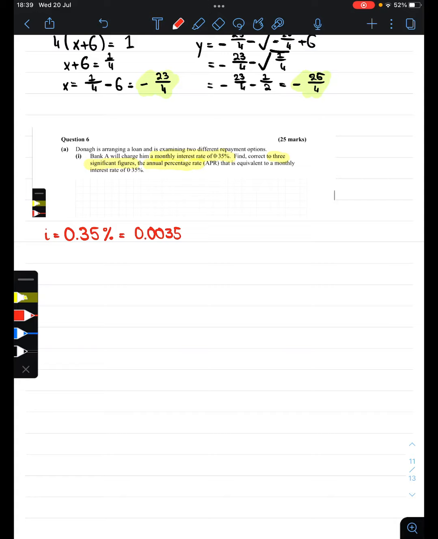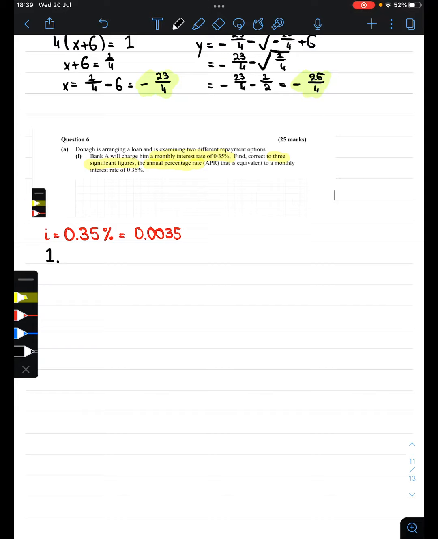Now let's try and think about this. Say that he starts with 100% of his loan, so 1. After a month, this has gone up 0.35%.